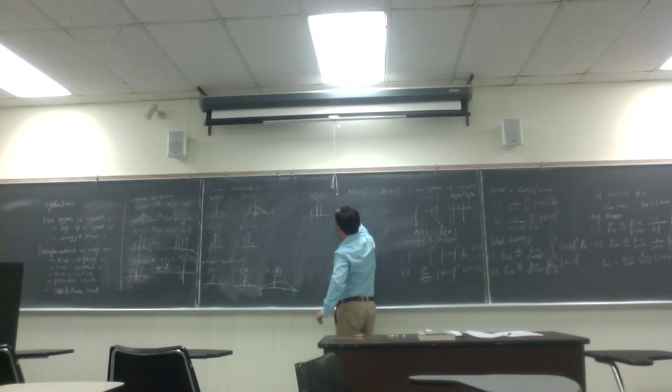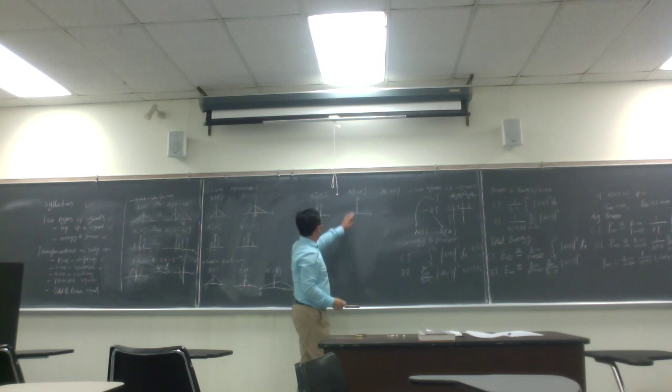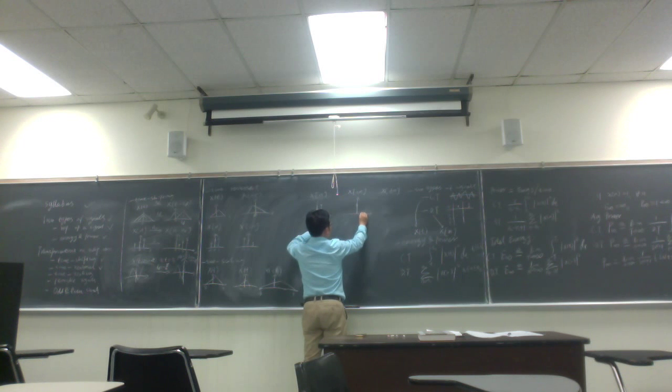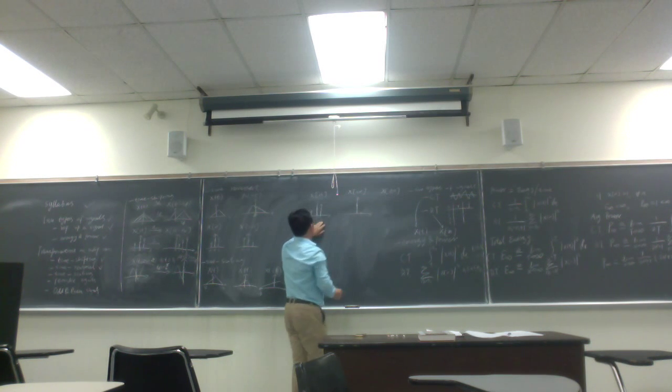So if we only have this one, when n equals 0, it's the same value here. When n equals 1, it's x[2], and x[2] is 0. Which means we have 0 here.